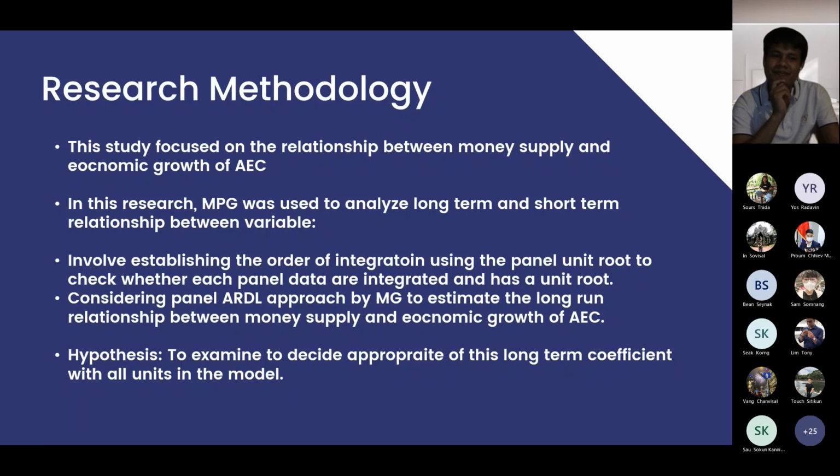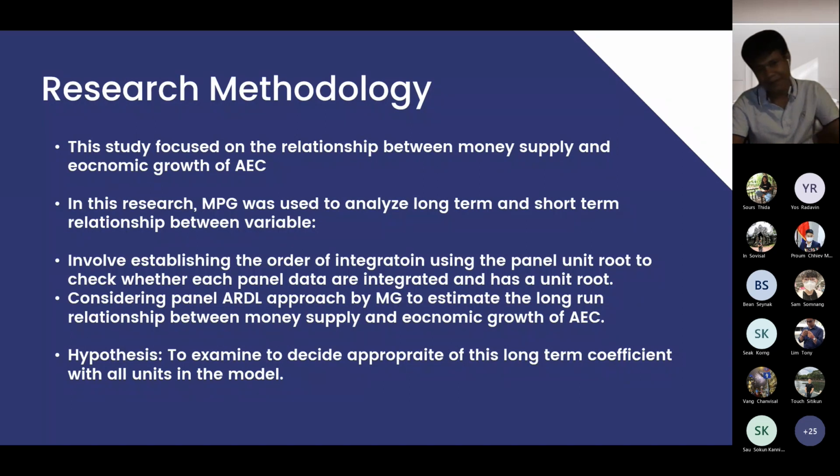And second, considering the panel ARDL approach by Pooled Mean Group and Mean Group to estimate the long-run relationship between money supply and economic growth of the selected ASEAN Economic Community countries.